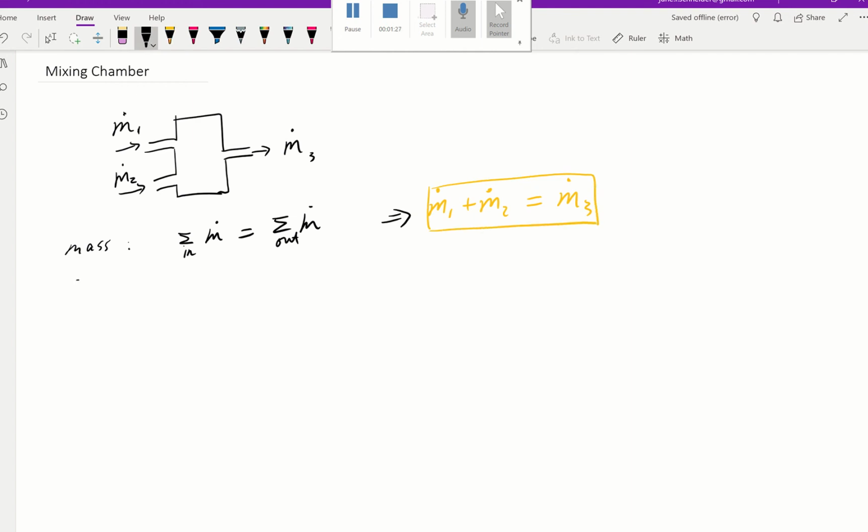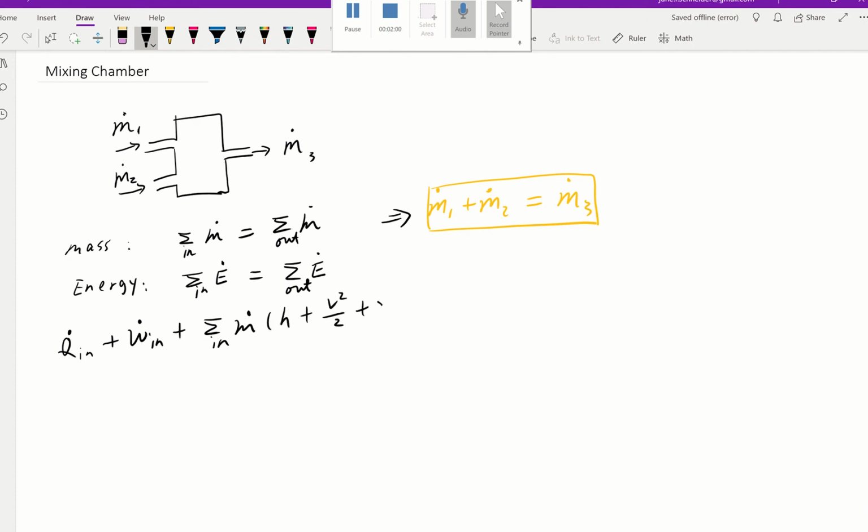Now let's look at our energy conservation. The governing equation is that all the energy transfer rate in equals all the energy transfer rate out. If we expand and write down this very lengthy equation, we'll have heat transfer coming in, we'll also have work coming in, plus all the inlet mass flow rates times h plus half V1 squared plus gz.